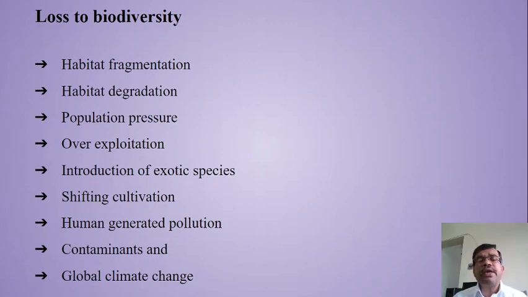Some of the main reasons can be listed as habitat fragmentation, habitat degradation, population pressure, overexploitation, introduction of exotic species, shifting cultivation, human-generated pollution, contaminants, and global climate change. These things are bringing a drastic change in biodiversity, and with this we are having a loss of biodiversity.